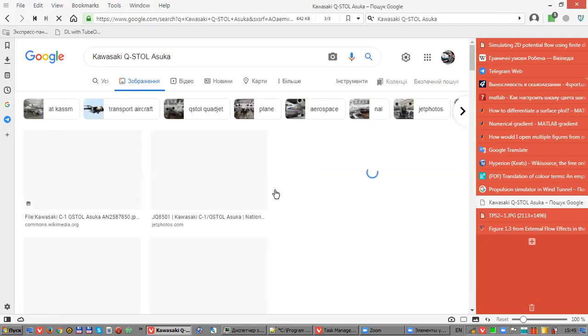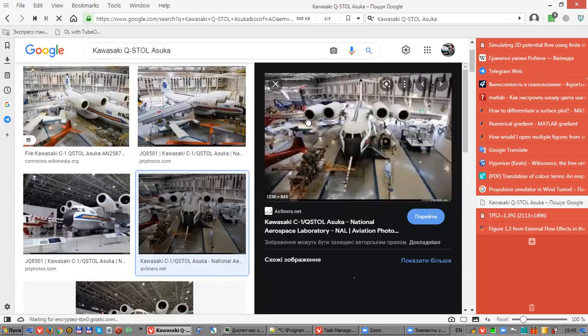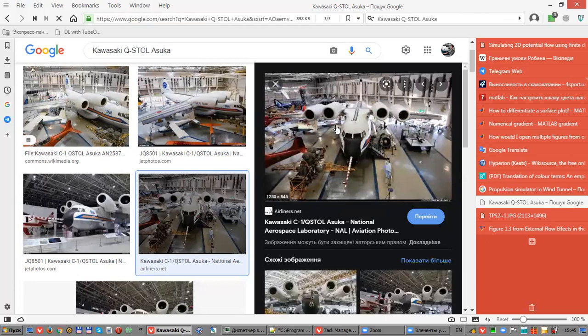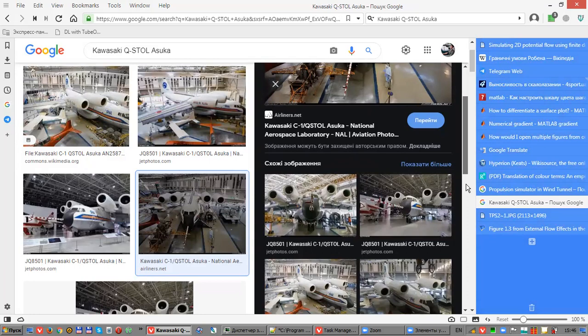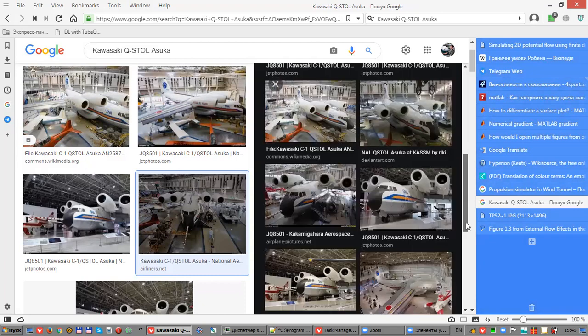They did some tests, but after that they put it in a museum. So it has four engines, not two as in the Antonov, but four. So the area of the wing immersed in the jet stream increases and increases lift. But this is a very big cost for this experimental program, and the Japanese government didn't want to put money in this program.